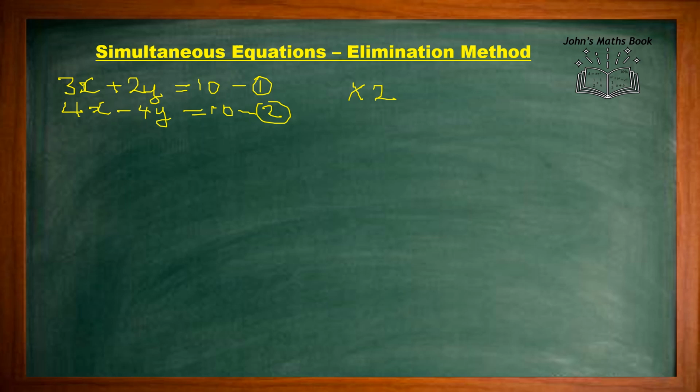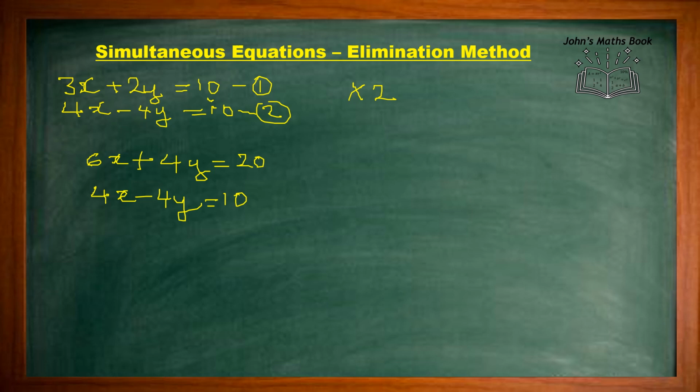So if I multiply equation 1 by 2, I will get 3x times 2 gives me 6x plus 4y, which is equal to 20. And equation 2 remains the same. So we still have 4x minus 4y is equal to 10.